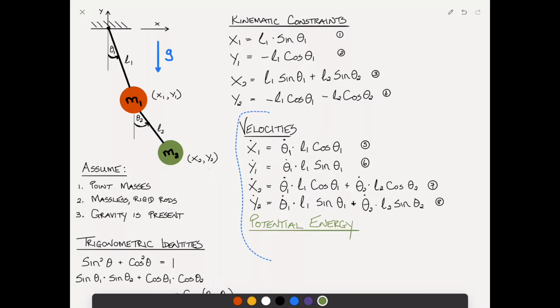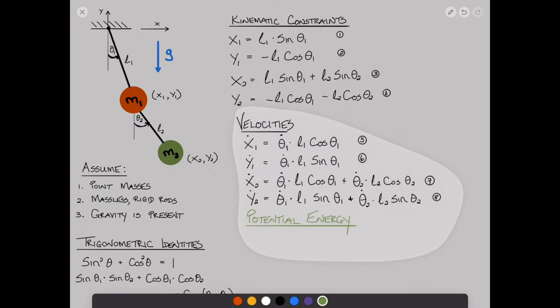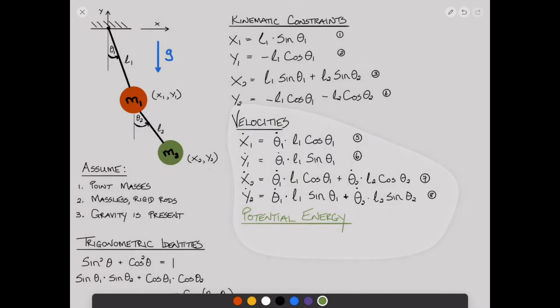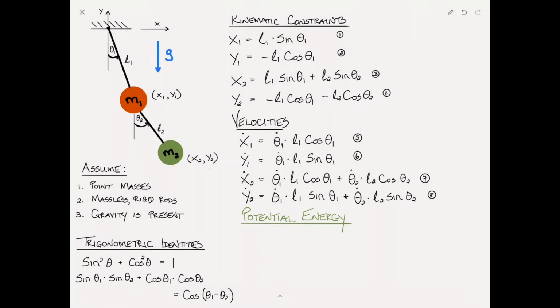Let me just try and scoot this up a little bit to make some space for myself. All right. And the potential energy we can write as V is just equal to mgh of each of the masses. So it's m1 times g times y1 plus m2 times g times y2.